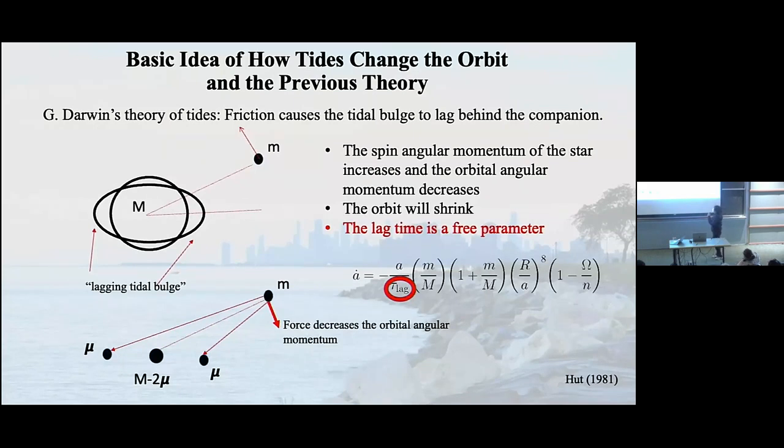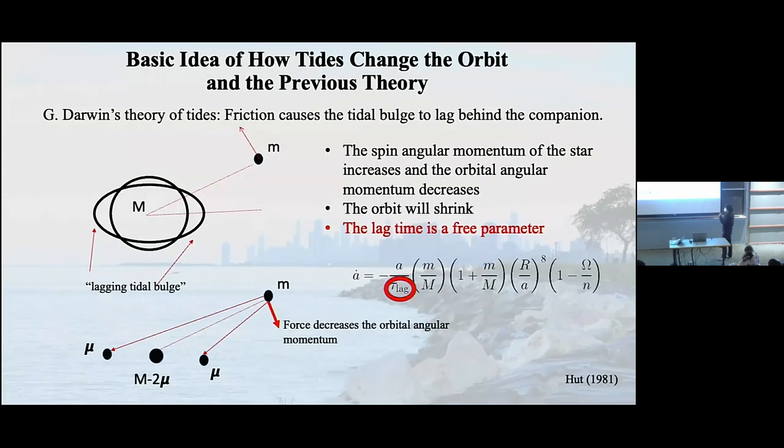To simplify this, we can use two point masses to represent the two tidal bulges, and due to the gravitational force, two forces are generated by the tidal bulges, pointing in different directions. The combination of the forces can produce a torque that can slow down the motion of the secondary star and also shrink the orbit.